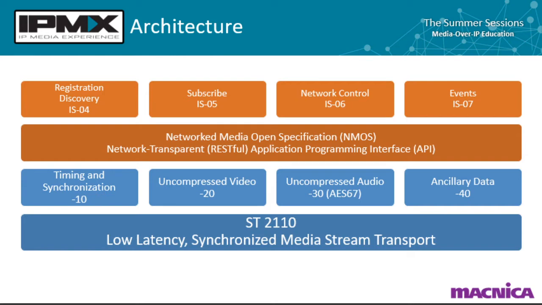You can see in the blue area there, that's where we're really talking about the transport side. That's that real-time side. And the NMOS side, that's in that orange area there, again, it still shares that same compartmentalization. So we have IS-04, which is the essence of the model, and it's how we understand what's on the network in terms of a model, and how we can actually make connections between different devices is covered by IS-05. That's that subscribed part of it.